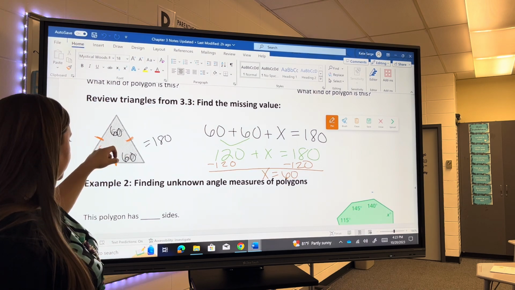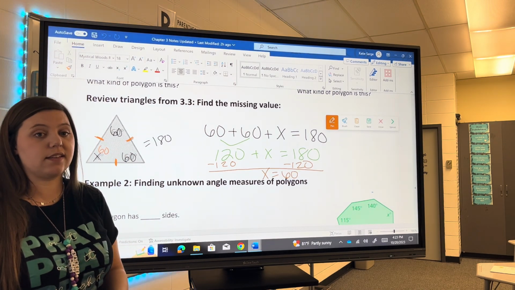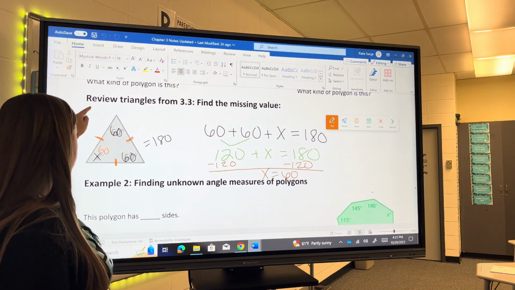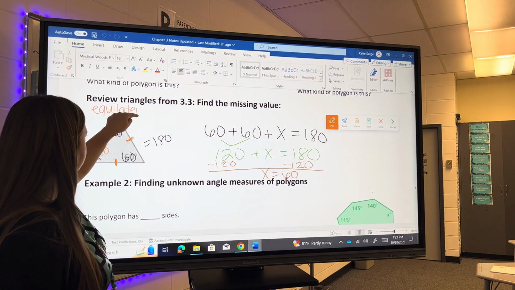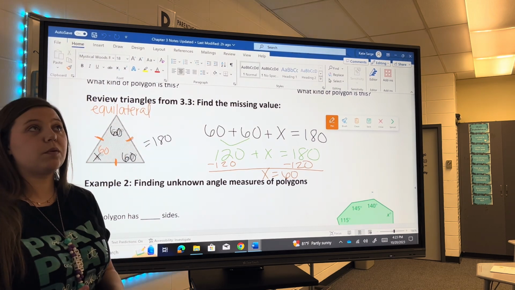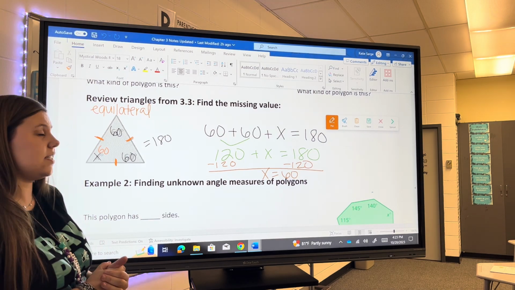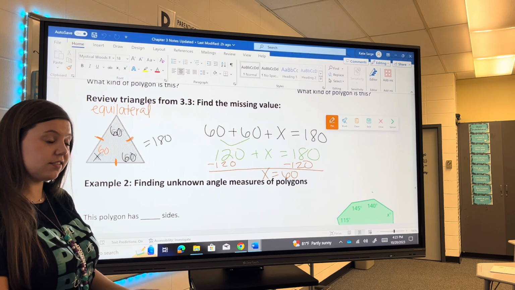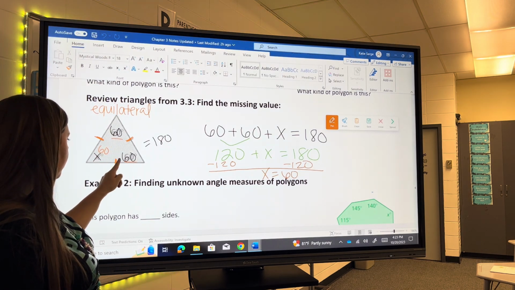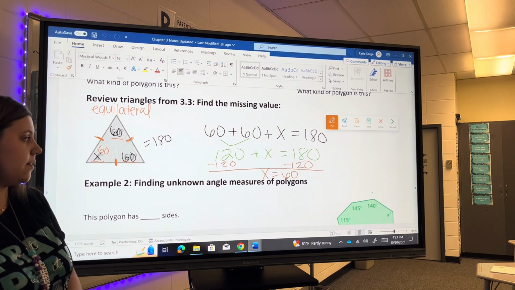So 1 dash on each of those is telling you that all 3 of those sides are exactly the same, which is called an equilateral triangle. And if you remember from 3.1 maybe, an equilateral triangle is also equiangular, meaning all of their angles should be the same. And we just found out that that one was also 60, okay?